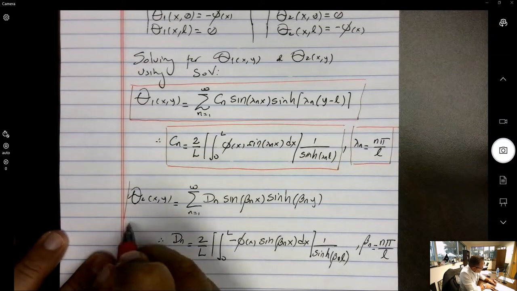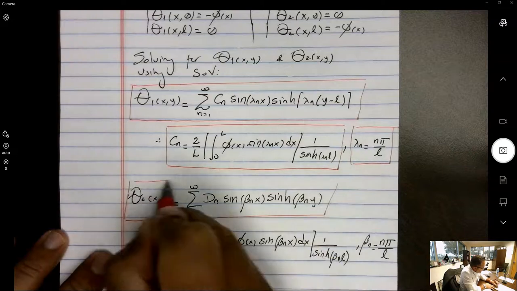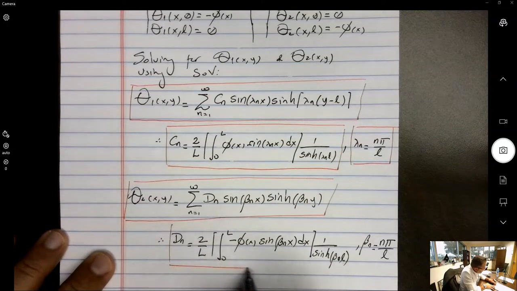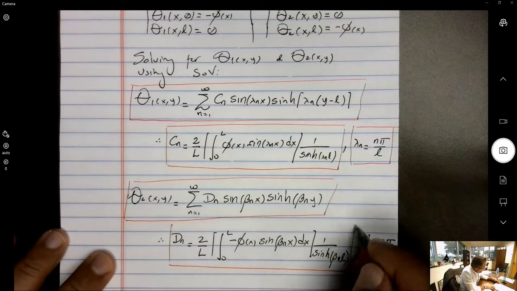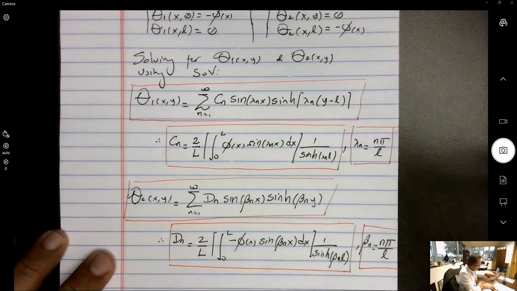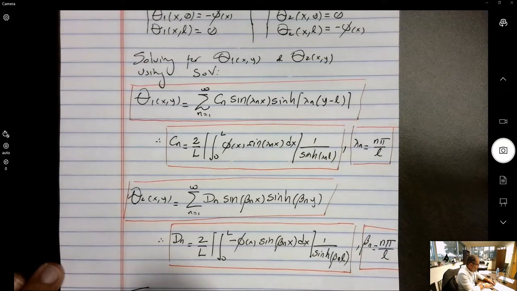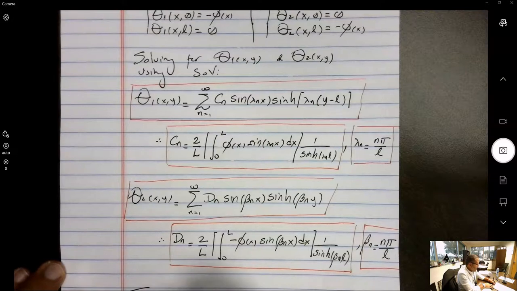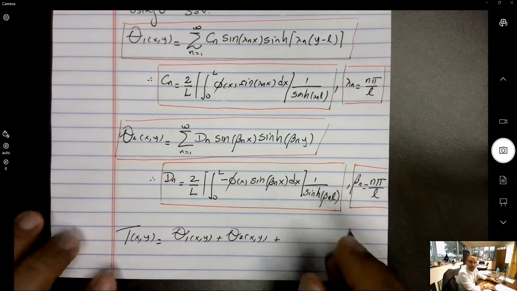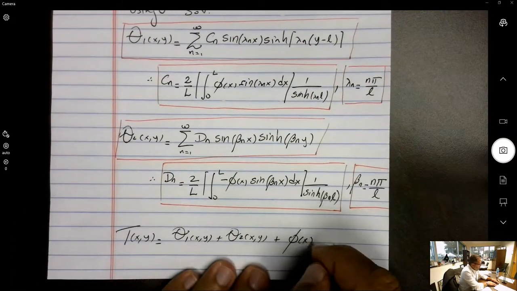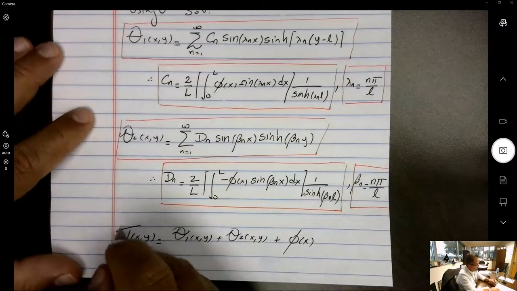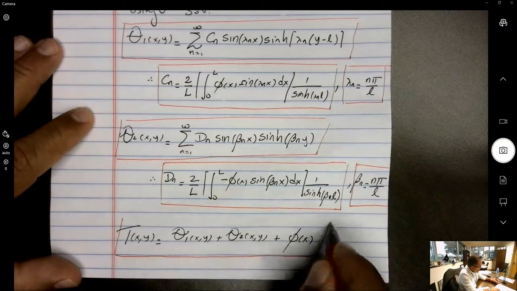So this is theta 2. And that's it. And recall that then we can form the temperature of x and y as theta 1 plus theta 2 plus phi of x. And these solutions are already given by this set of equations.